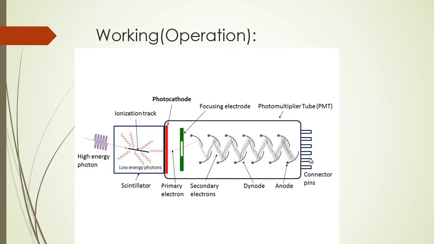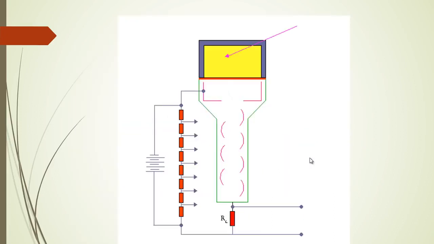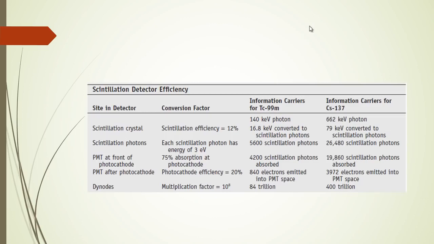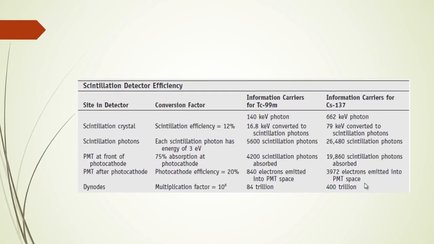Now keep in mind that the pulse is not directly proportional to the energy of the incident photon, but rather it is proportional to the energy deposited to the scintillator, and the energy deposited may depend upon the type of interaction that the photon has with the material. So that's what I wanted to tell you, and here is a rather interesting table to look at.